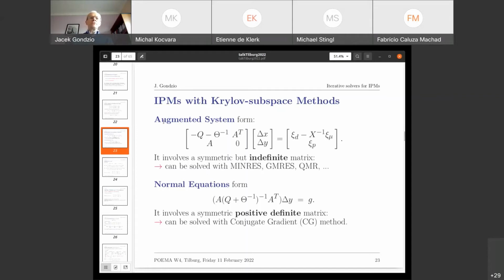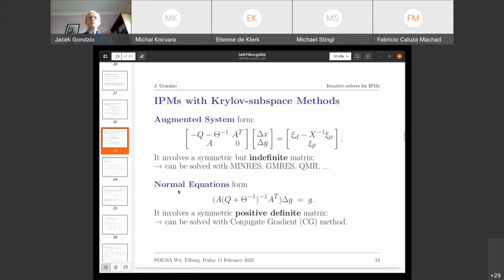If we want to go for the augmented system, we have to accept that the matrix here is indefinite, and this impacts which Krylov methods can be used. So it can be the minimum residual, or the generalized minimum residual, or the quasi-minimum residual method. There is a family of these methods well known in the linear algebra community.